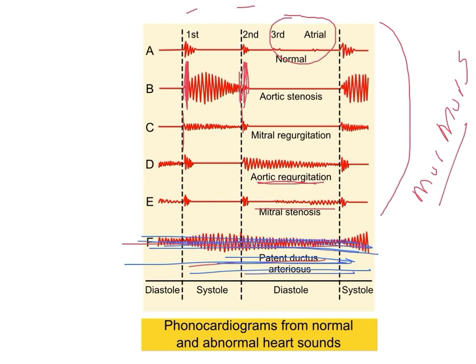Okay. Now the final thing I want to say is that there are two other sounds that can happen that are considered abnormal that I do want you to be aware of. S1, normal, S2. Now, soon after S2, there can be an S3.